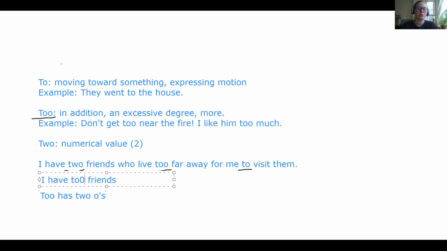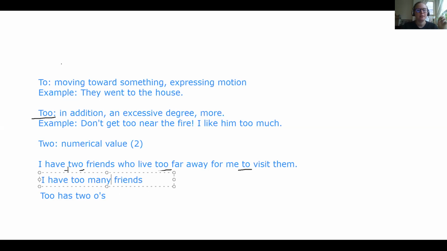And if it were TOO, right, I have too friends. I have excessive friends. We would need to add a word here like many. I have too many friends. So it becomes a little bit different here.